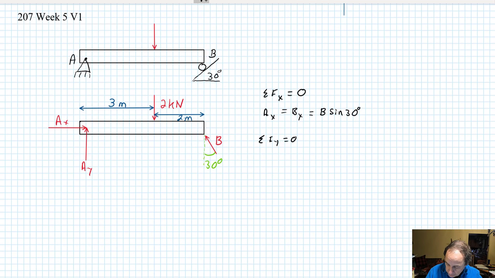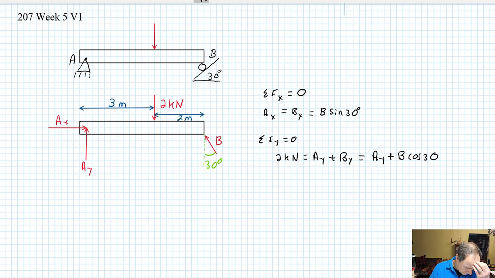So force pushing down is 2 kilonewtons, and that has to be balanced by AY plus BY, which is AY plus, now BY we know is B cosine 30. Okay, so that's the sum of the forces in the x and the y direction.